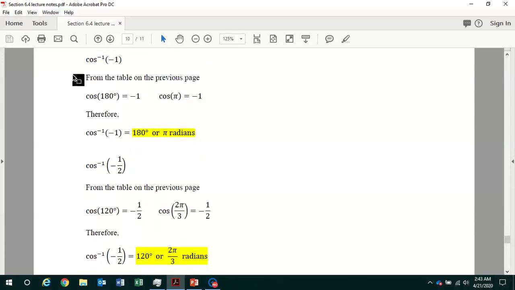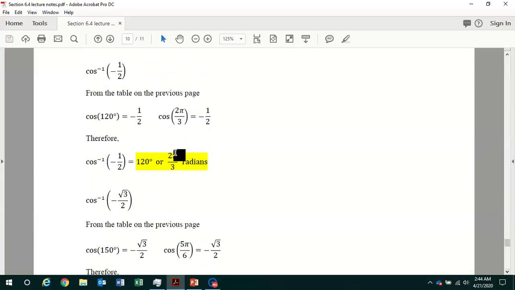In the next example, you're asked to find the inverse cosine of the number minus 1. From the table on the previous page, the cosine of 180 degrees is equal to negative 1, and the cosine of pi radians is equal to negative 1. Consequently, the inverse cosine of the number negative 1 is equal to the angle 180 degrees, which is the same as pi radians.